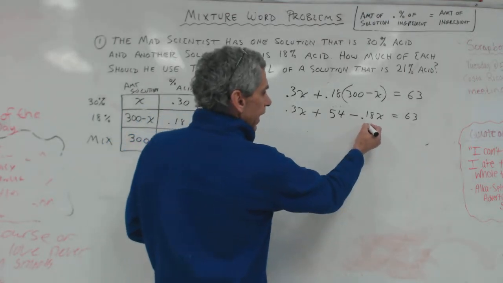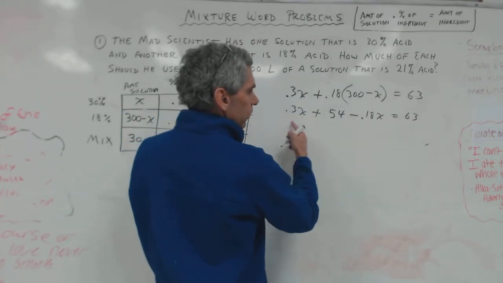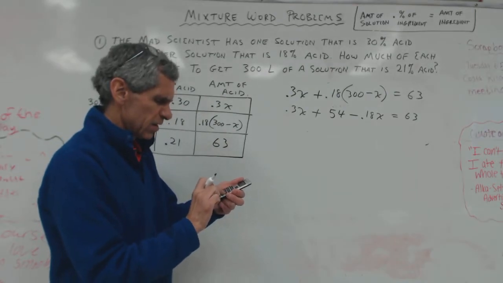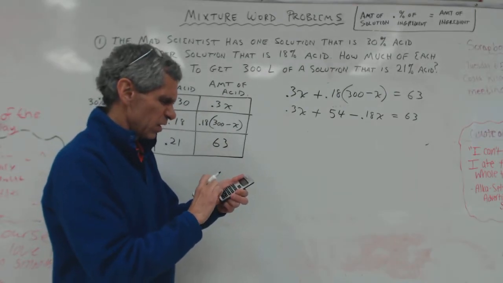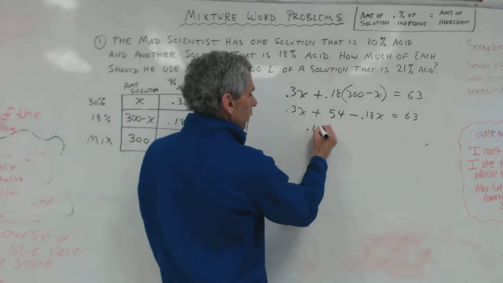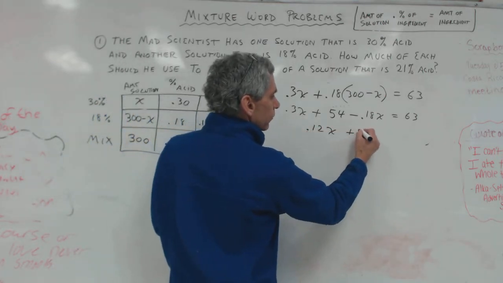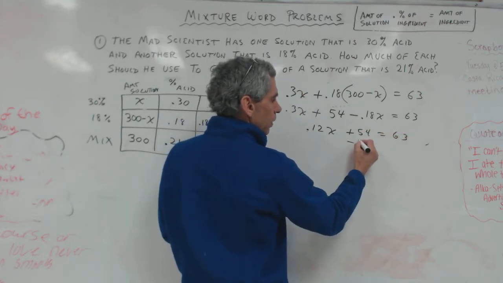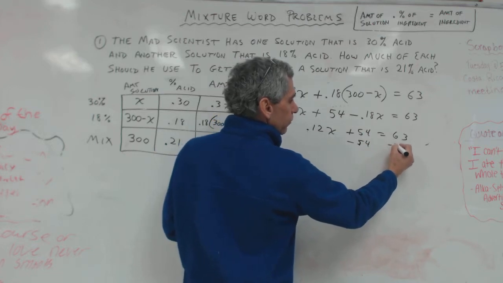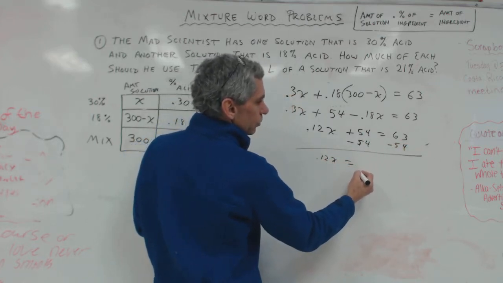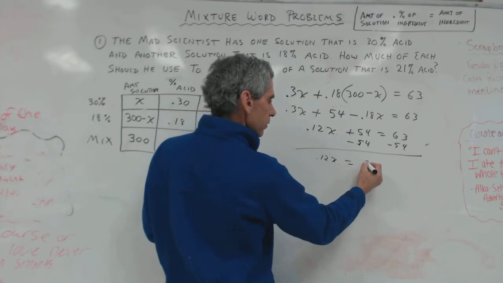Okay, so we can do 0.3 minus 0.18, which is equal to 0.12. So we got 0.12x plus 54 is equal to 63. I'm going to subtract 54. 0.12x is equal to 9, right?